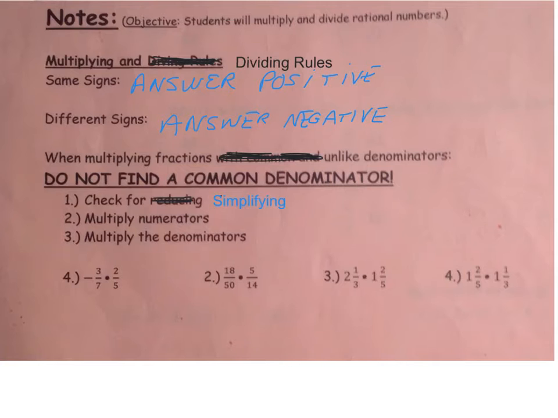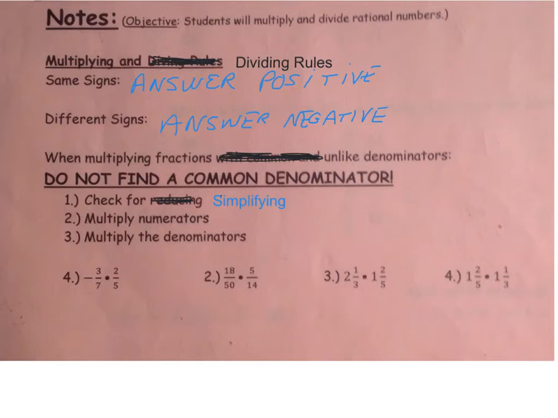What you do want to do is first you want to check for simplifying. The word they used there was reducing. I want you to cross that out. I don't like that word. I want you to say check for simplifying, meaning divide out any common factors. Multiply your numerators, multiply your denominators.